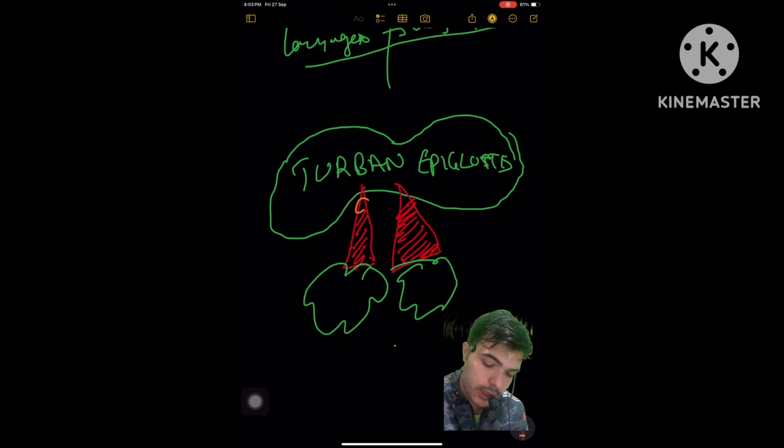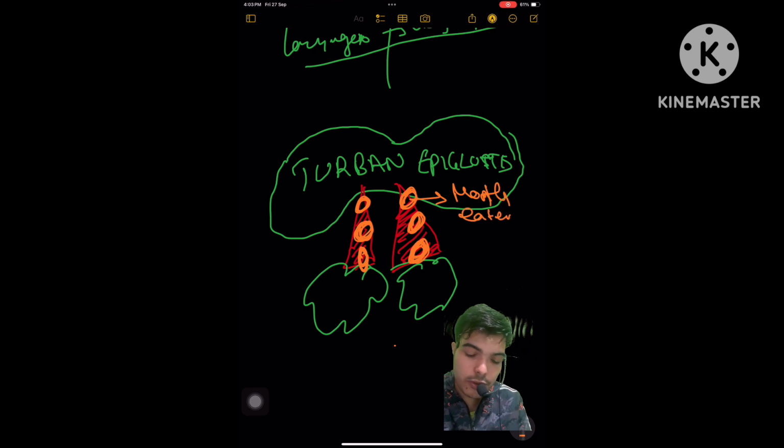Actually, ulcers must be made in red, but I'm drawing a hyperemic vocal cord, that is why I'm using this orange color. This is known as moth-eaten, or also mouse-bitten ulcers.